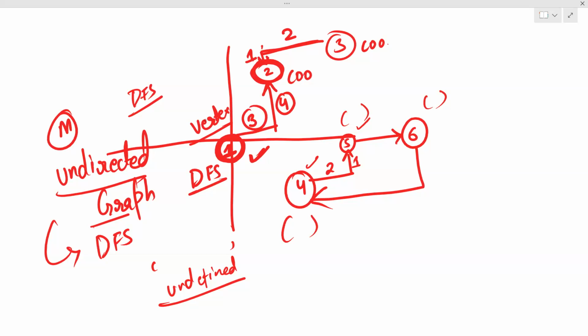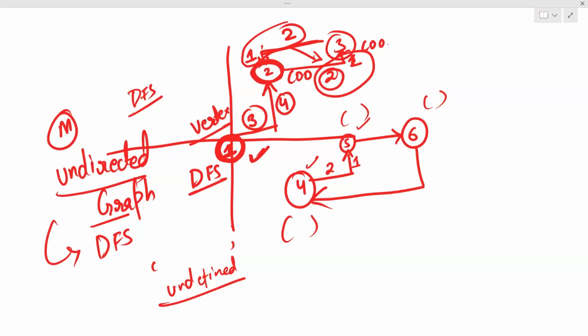You cannot come from 3 to 2; you'll have to go from 2 to 3. So if from the third person's perspective, this person is 2 units to the left and 1 unit down, that same holds from the second person's perspective: this person is 1 unit above and 2 units right. This information can also be written like this, right? Is it clear? So that's why it's undirected.